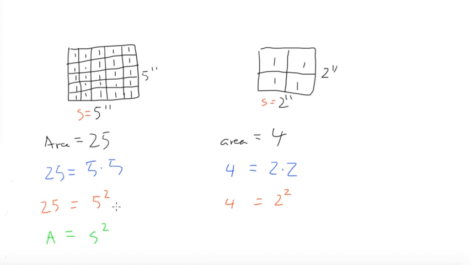All right. And this could also be A equals S squared. All right, the S is going to change. That's a variable that changes, it varies. See, that's a 2, and that's a 5. And the area changes. That's a 4, and that's a 25. But here, the 2 doesn't change because it's 5 times 5, or 5 squared, and 2 times 2, or 2 squared, okay?